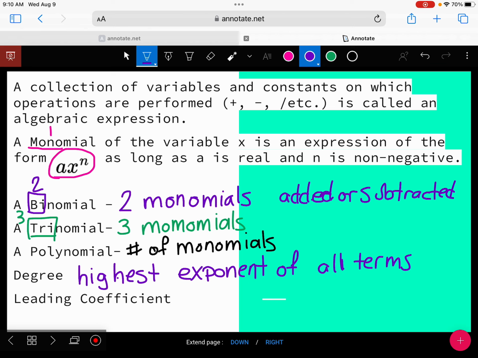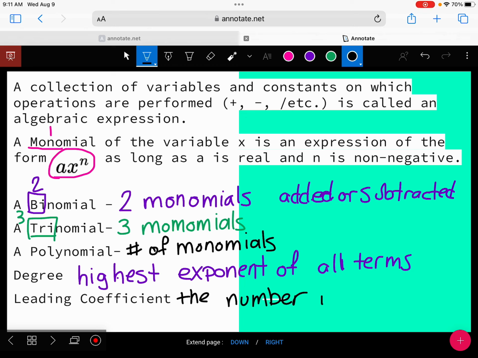The leading coefficient is the number in front of that biggest exponent. So if we were looking at this kind of setup here, it would be the A. Here's an answer from Not Wikipedia.